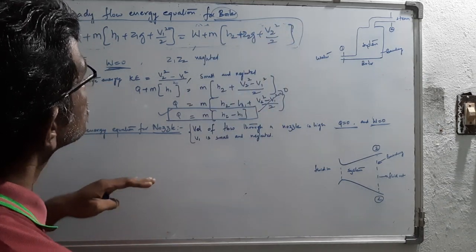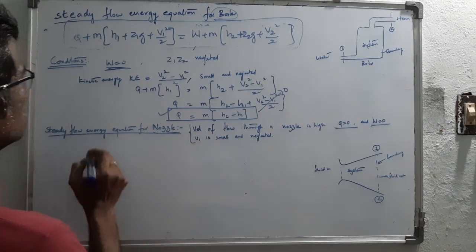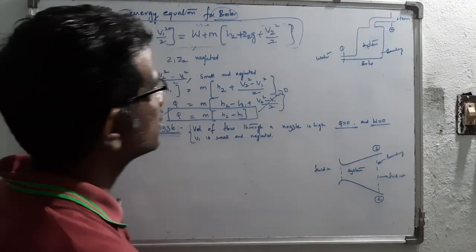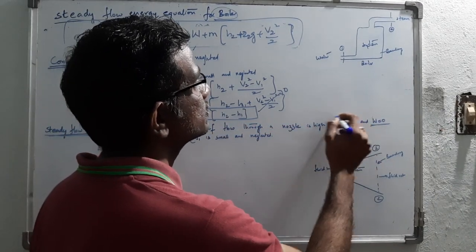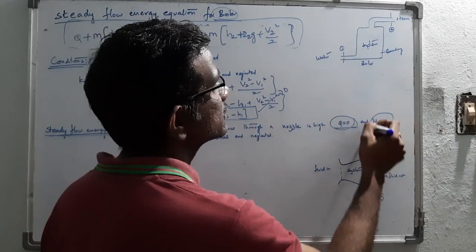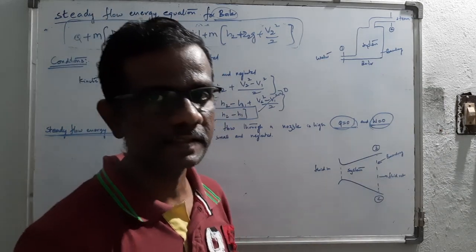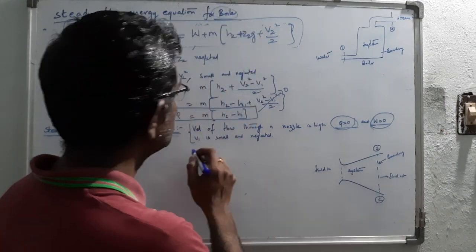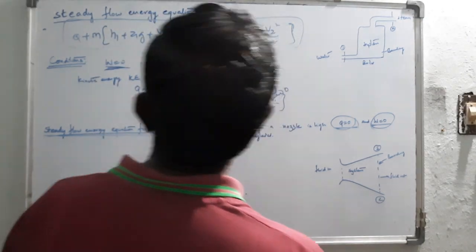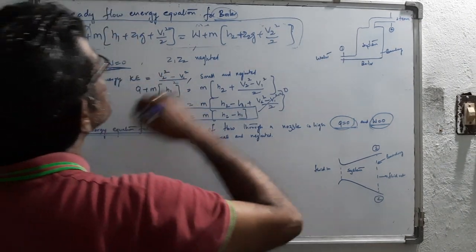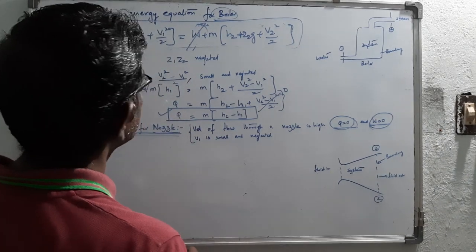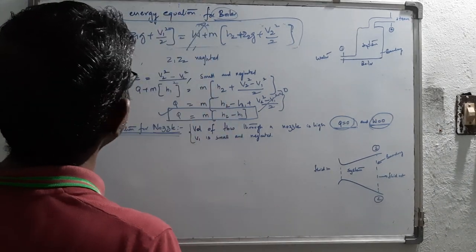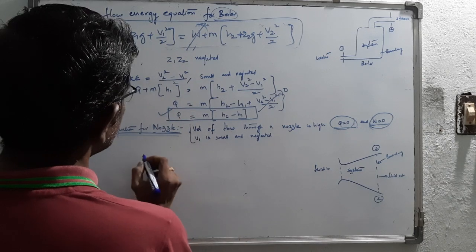Now applying the steady flow energy equation for nozzle. Velocity of flow through the nozzle is high, so therefore these two parameters are 0. Q is equal to 0 and work done is 0. These are the conditions. And V1 also neglected, Z1, Z2 also neglected.